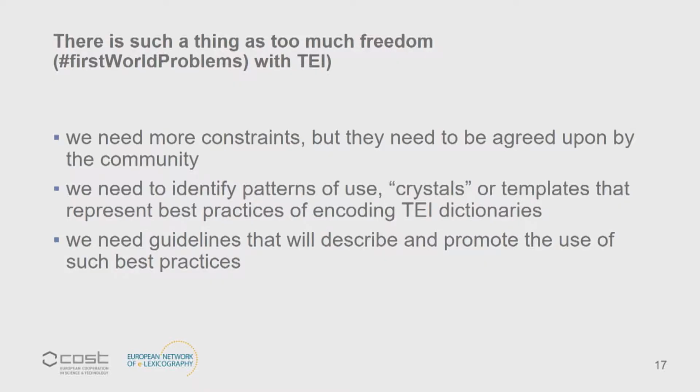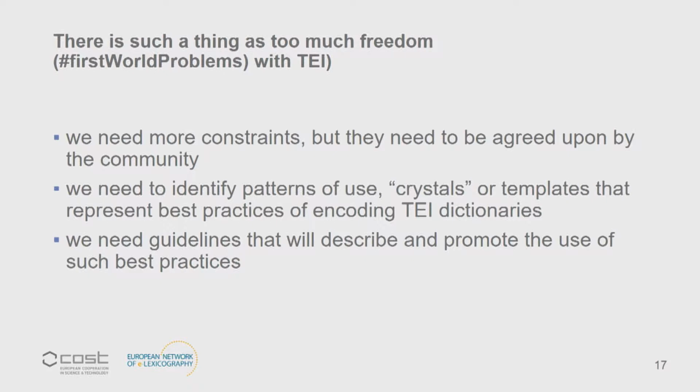Of course, the reason why they did it that way is because they wanted to make sure that each digitization project could perform its goals, and they wanted to be as flexible as possible. But if we're thinking about interoperability, we are walking down a slippery slope. So there is such a thing as too much freedom, or this is what I call first world problems with TEI. We actually need more constraints, but they need to be agreed upon by the community.